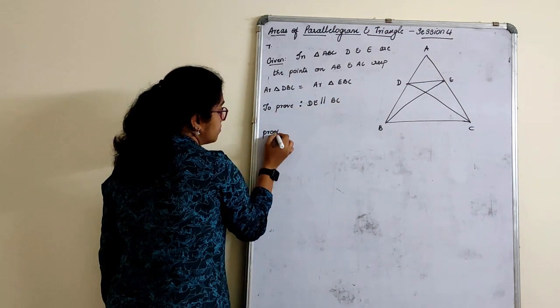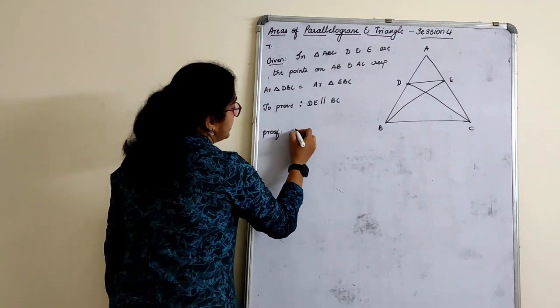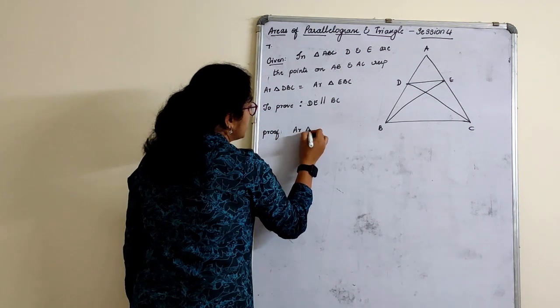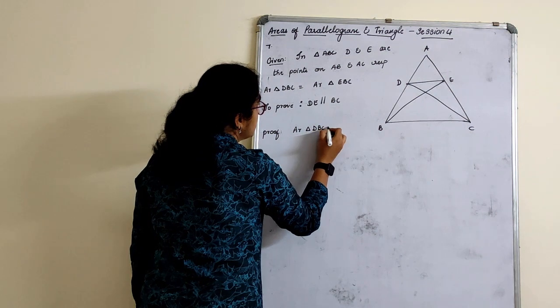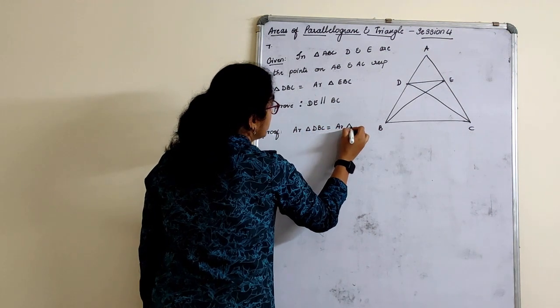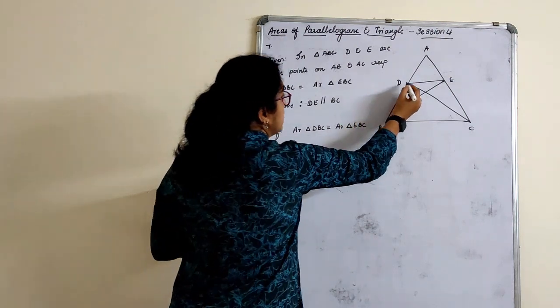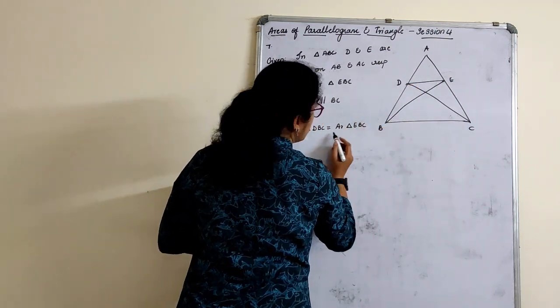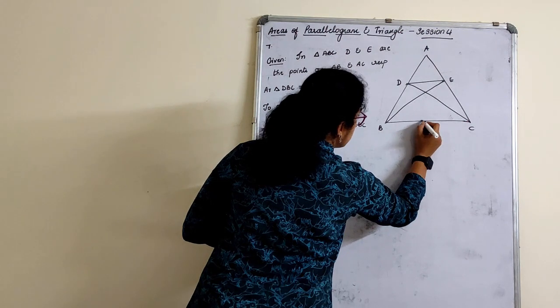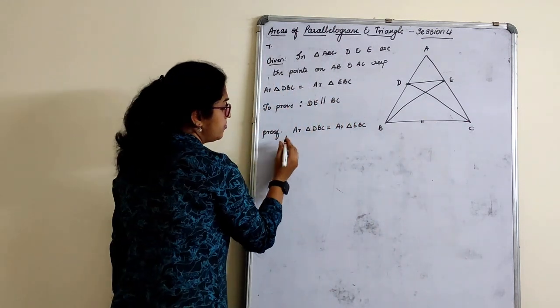Proof. I will write same thing. Area of triangle DBC is equal to area of triangle EBC. Check where is DBC. DBC is equal to EBC. That means they are standing on the same base.